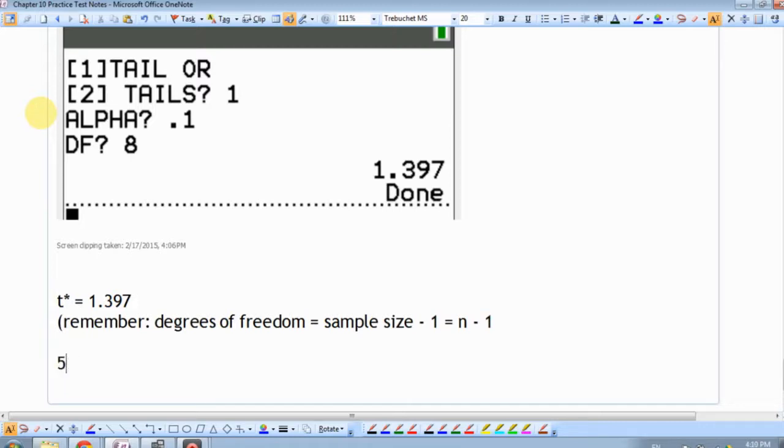Okay, 5. Let's see if we get to actually do something this time. Five. We wish to test if a new feed increases the mean weight gain compared to the old feed.